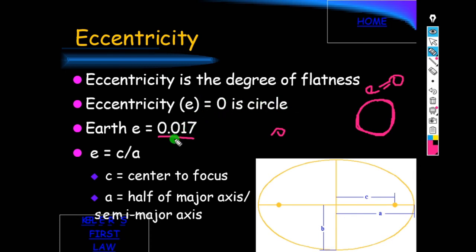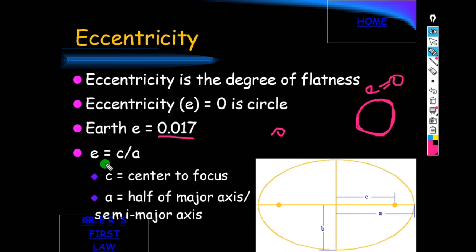But our Earth is slightly near to a circle, near to an ellipse. That means it is not much flatter or much rounder. So it is in the shape of this. So Earth has an eccentricity of 0.017. But how do we calculate the eccentricity of any object or planet?